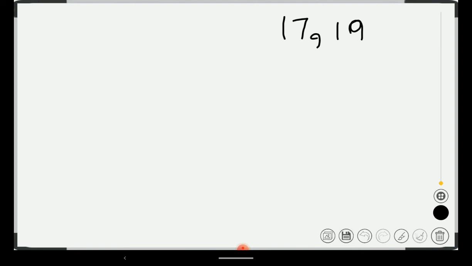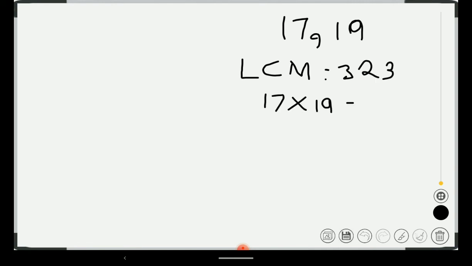So the LCM of 17 and 19 is 17 into 19. So when we multiply 17 and 19, we get 323. So 17 into 19 is equal to 323, right? So LCM is equal to 323.